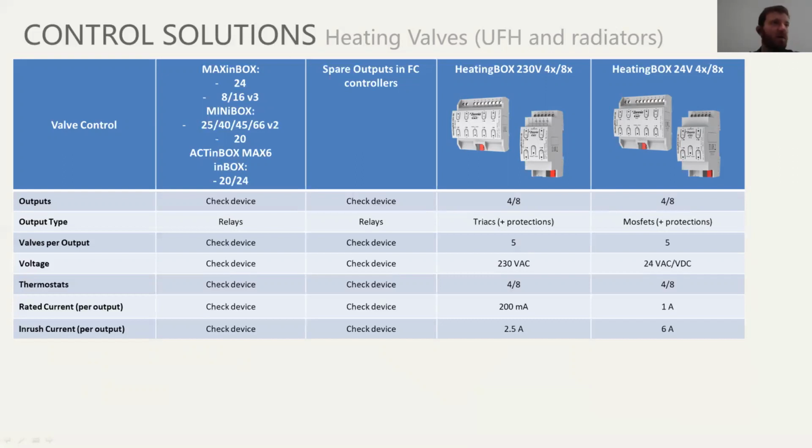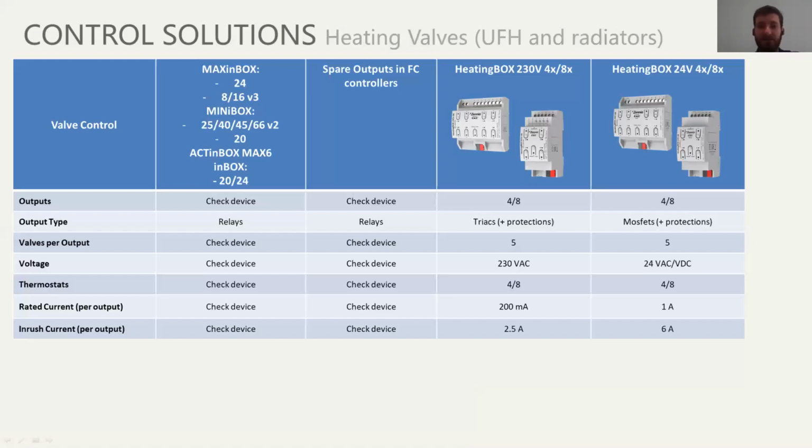It will very probably last way longer than that, but you're already testing the device into its life cycle. So you probably want to use not a full relay, but an electronic relay. And that's where the heating box 230 volt or 24 volt come in.